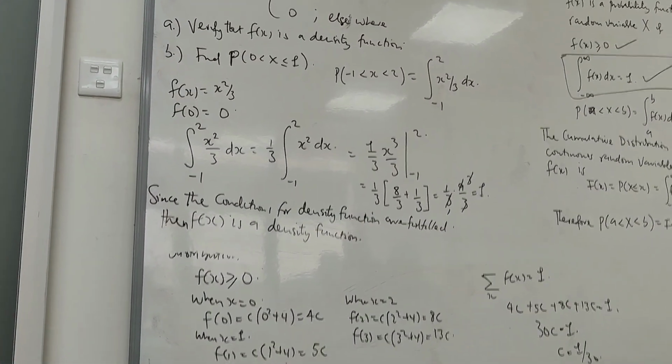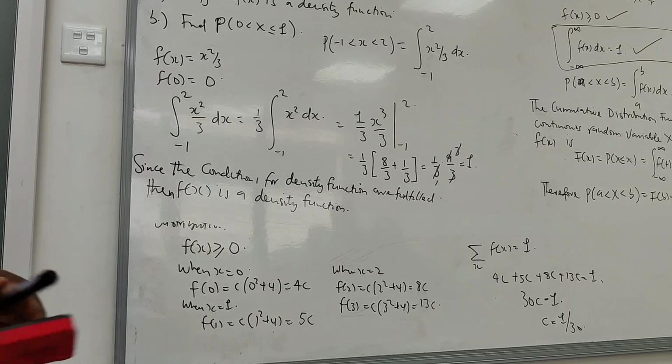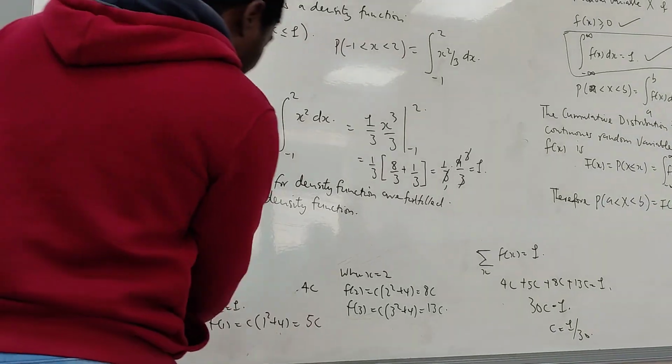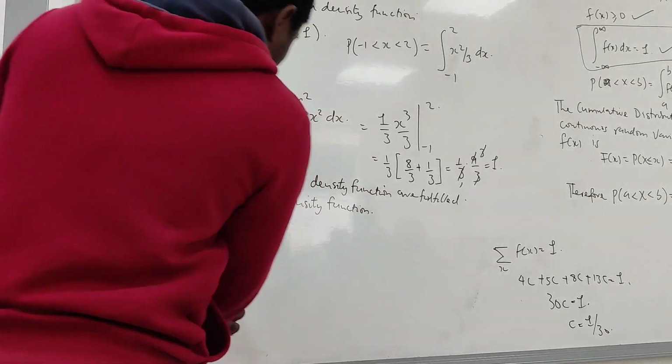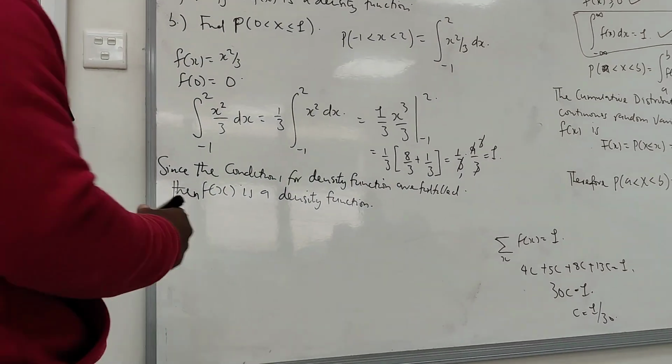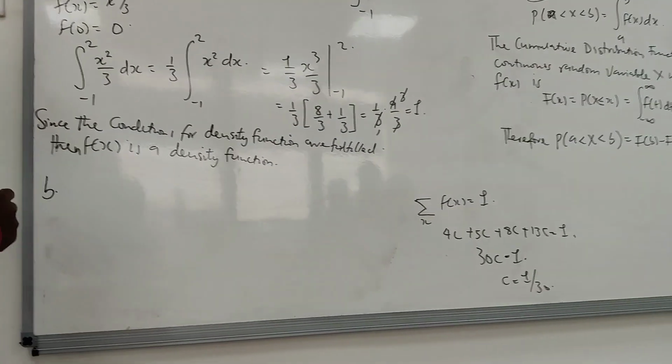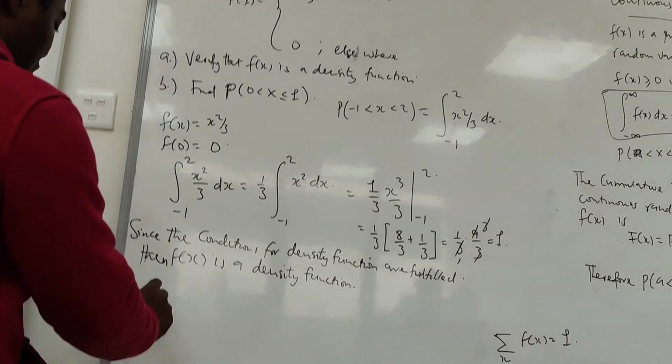And similarly, if you look very well, we are done with the B part of the problem. The B part of the problem is just a repetition of what we have done when we were trying to verify.